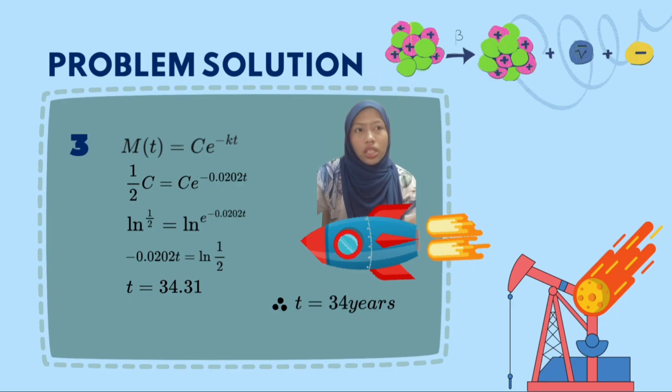And then this equation asks us to find the half-life, right? So we put in 1/2 c equals c e to the power of negative 0.0202t. And then we use the logarithm, which is ln of 1/2 equals ln of e to the power of negative 0.0202t.